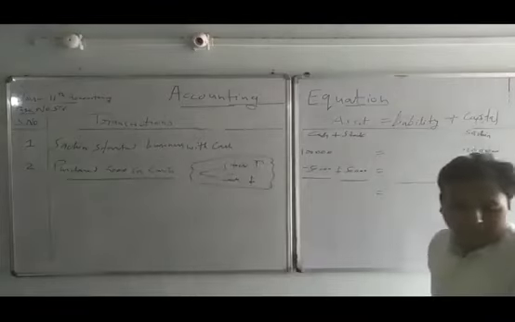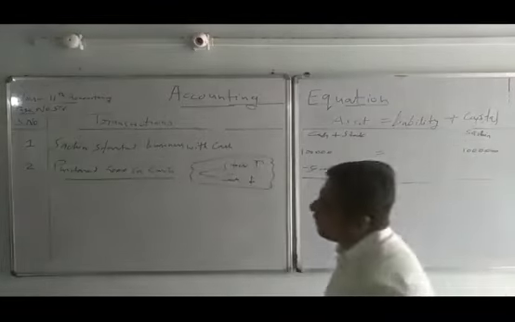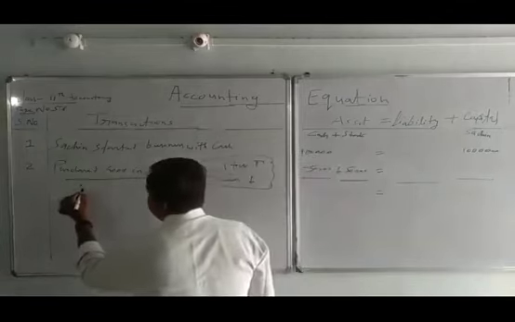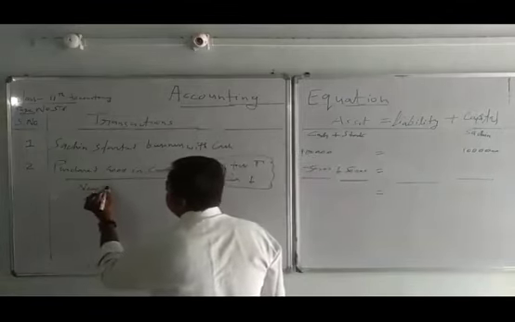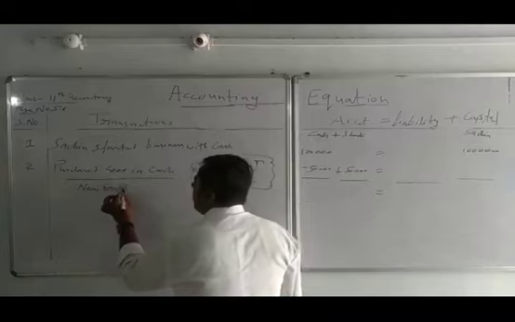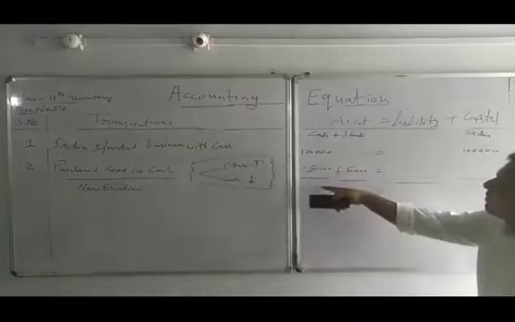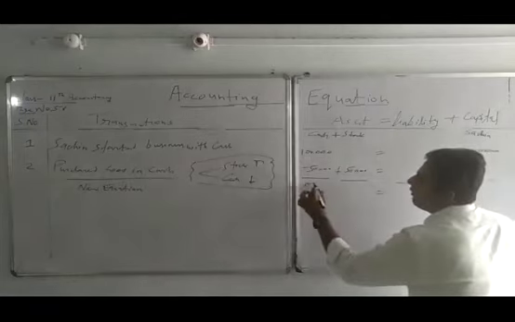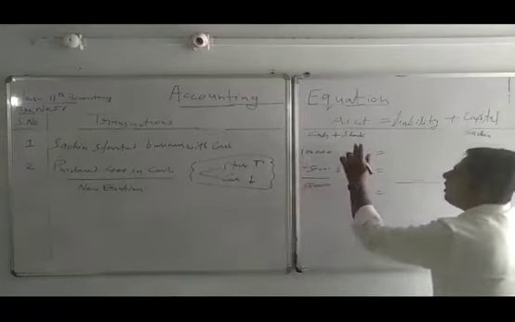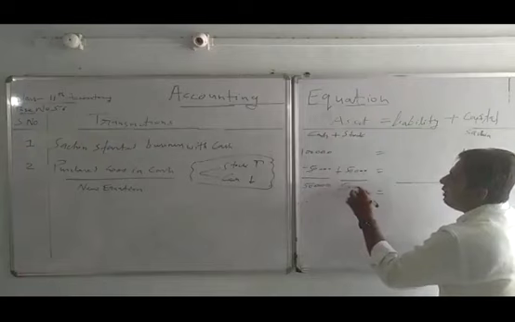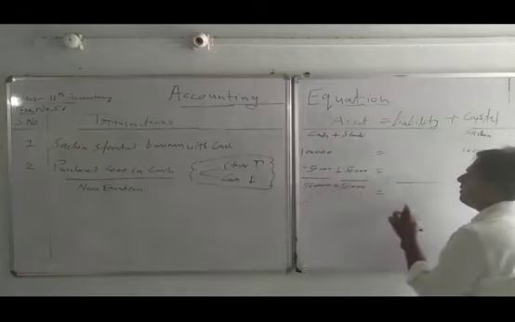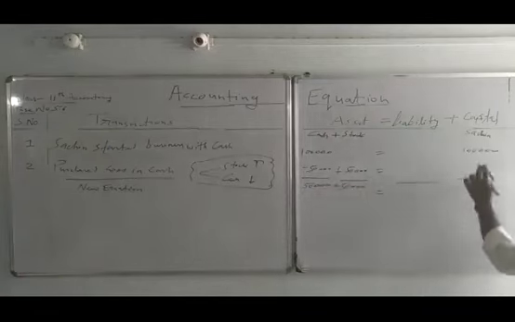Then here I will write the new equation. Our chapter name is accounting equation. So in the new equation formed, how much cash is with us? 50,000. How much stock with us? 50,000. Liability, nothing is there.